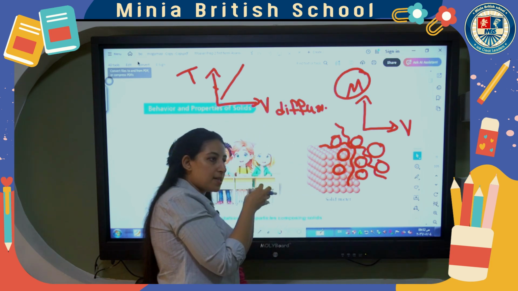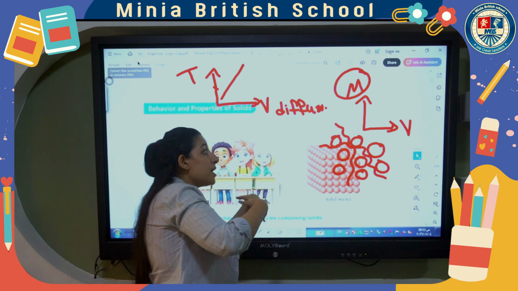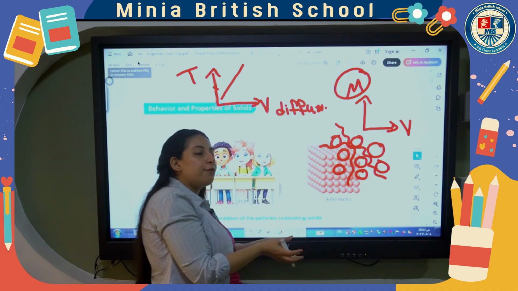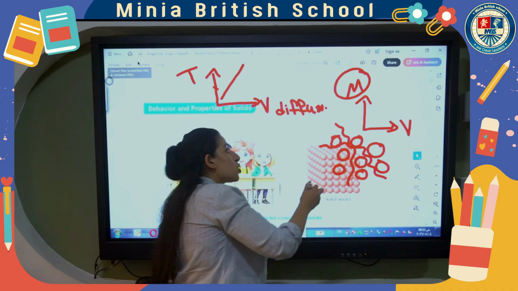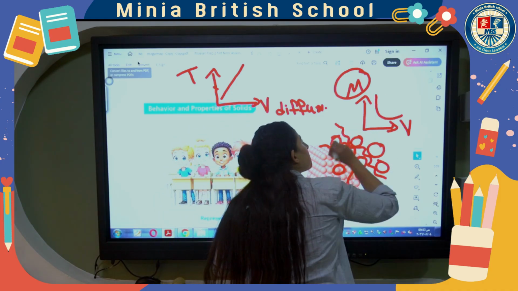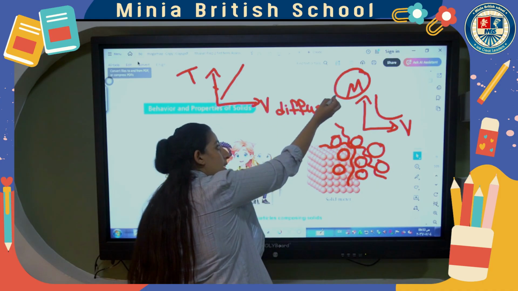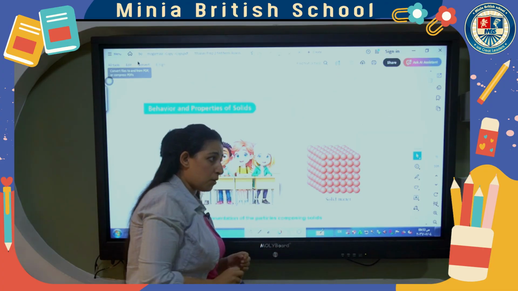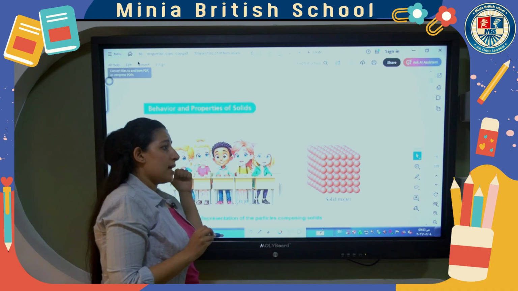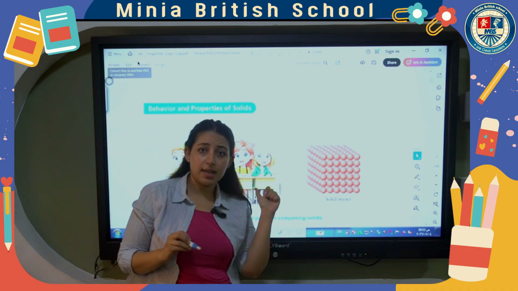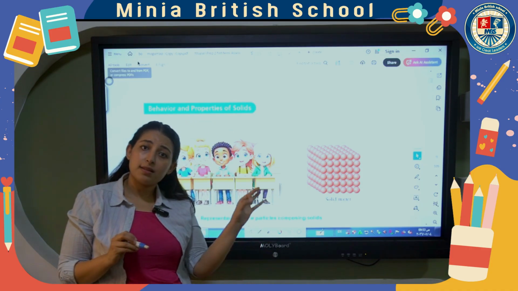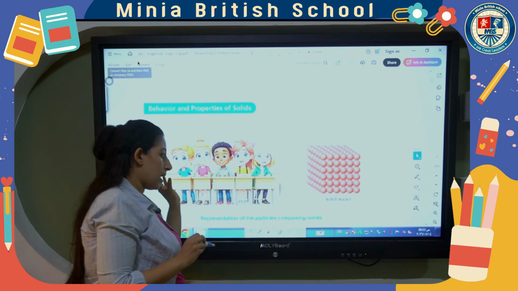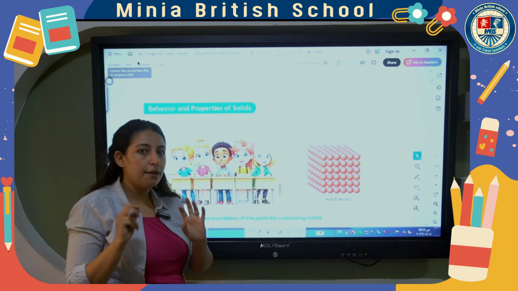And by increasing the size and the mass of molecules, the speed of diffusion decreases. So there is an inverse relation between the mass of molecules and the speed of diffusion. So its relation is directly with the temperature and inversely with the mass of molecules. I'm talking about the speed of diffusion.